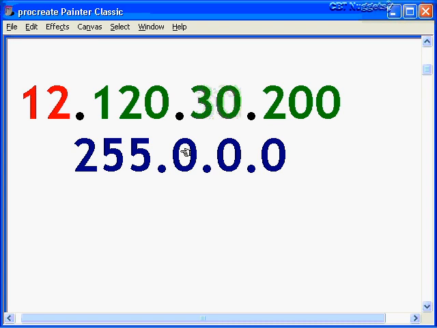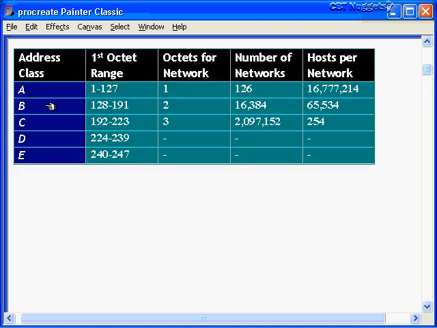This octet is all host, this octet is all host, this octet is all host. So the default subnet mask for a Class A address is going to be 255.0.0.0.